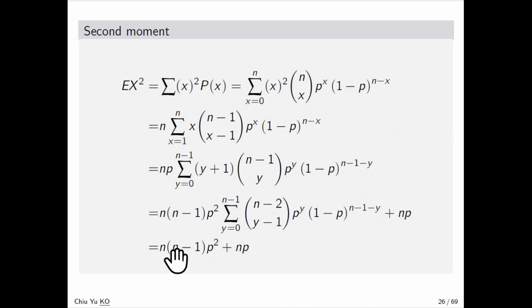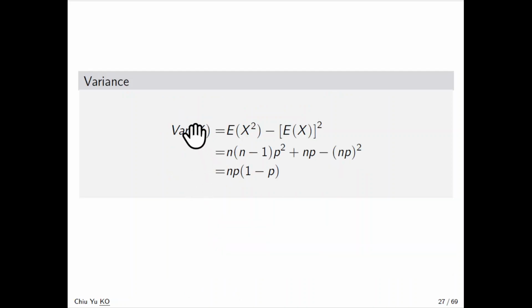That's why we have n times n minus 1 times p squared. Now the variance of x is this guy minus that guy. So we have n times n minus 1 times p squared, plus np, minus np squared. You can easily see that the n squared p squared cancels out, so the variance is np times 1 minus p. Okay, that's all for the binomial distribution.